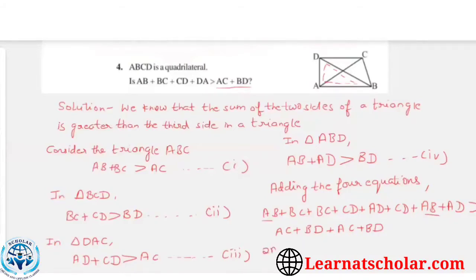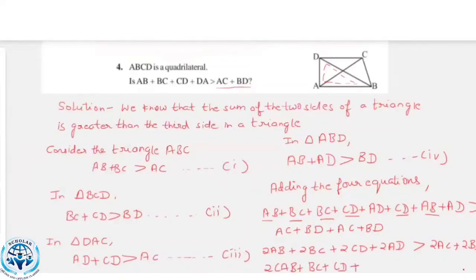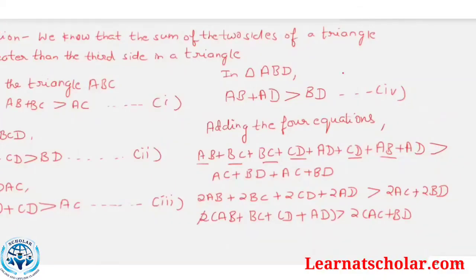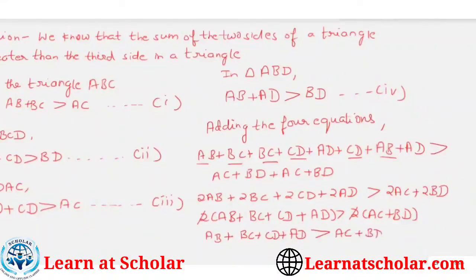On the left hand side AB plus AB, that means 2 AB, BC plus BC 2 BC, CD plus CD 2 CD, AD plus AD 2 AD is greater than 2 AC plus 2 BD. We will take out 2 common, AB plus BC plus CD plus AD. The next step will be to cancel 2. So the resulting equation is AB plus BC plus CD plus AD is greater than AC plus BD.